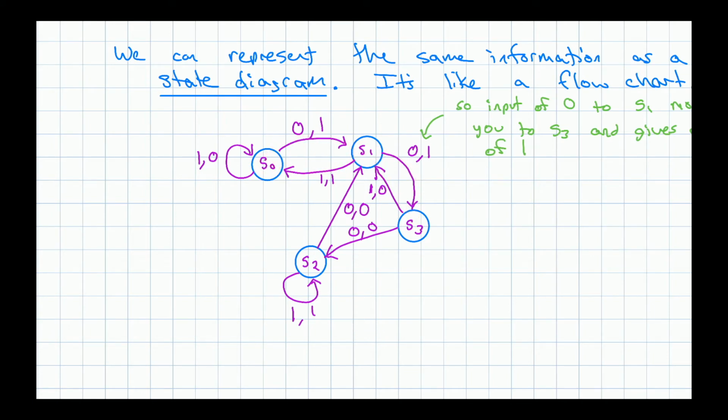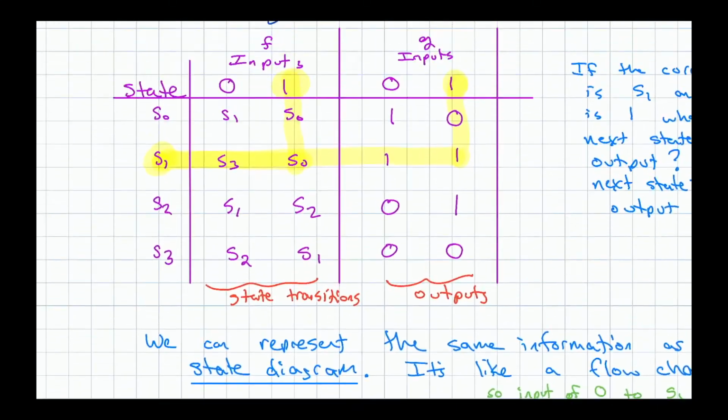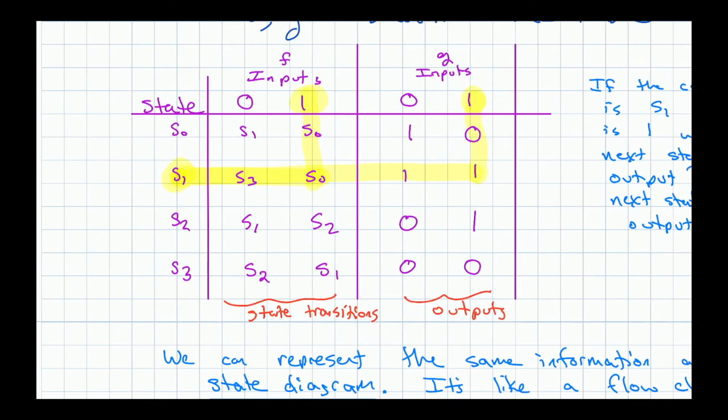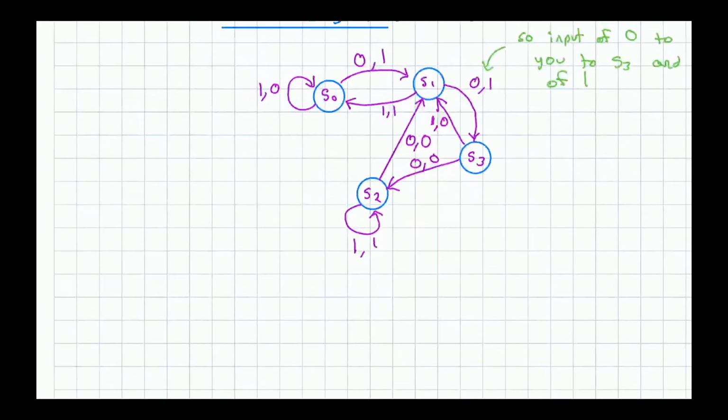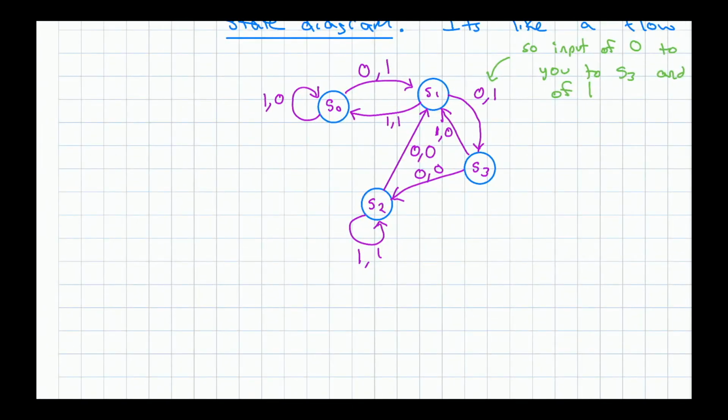Whereas in this form, it's a little bit harder to see that, because you'd have to say, oh, okay, so S0 could go to S1, but then you're in S1. S1 could go to S3, so you're in S3. S3 could go back to S1, so we're here. S1 could go back to S0, so you're here. You can trace your way through the states that way, but the diagram is definitely more visual if you're oriented that way.